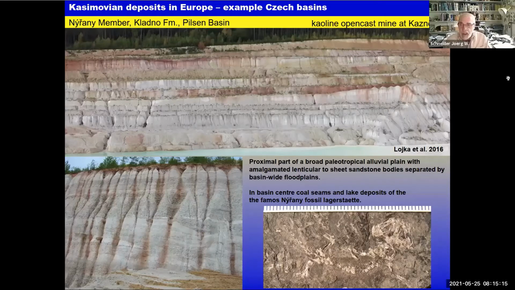These pass over in the direction of the basin center into gray facies with coal seams and black shales of lakes, which form there the famous Nýřany fossil Lagerstätte, well known especially to vertebrate paleontologists. Next.